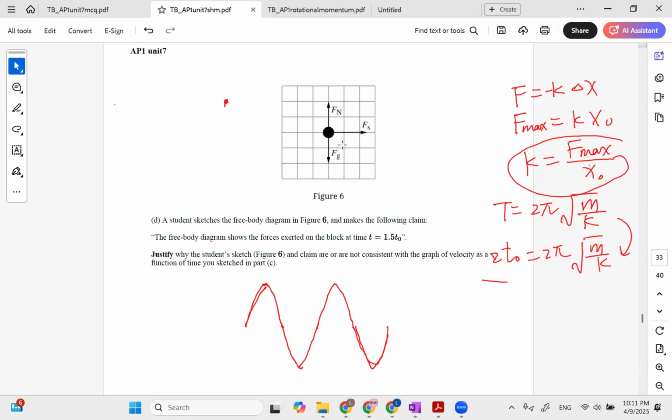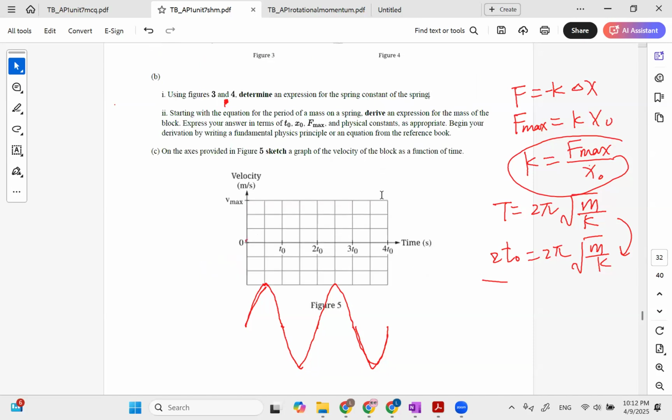This is a free body diagram of the object. Now it says that the free body diagram shows the force exerted on the block at t equals 1.5 T0. That's a student's claim, right? So you need to see if this is consistent with the graph.